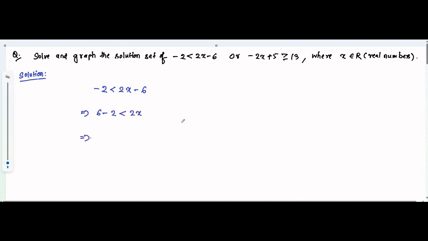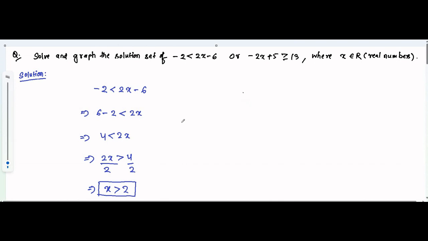That implies 4 is less than 2x, that implies 2x is greater than 4. If we divide both sides by the same positive number, we have x greater than 2. Okay, this is the first part.